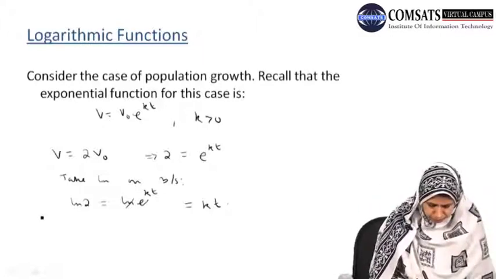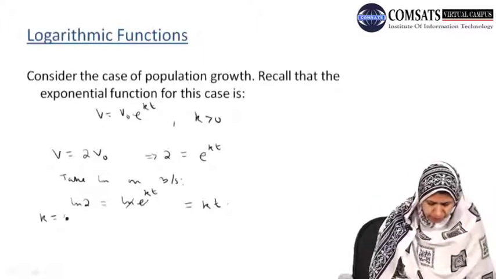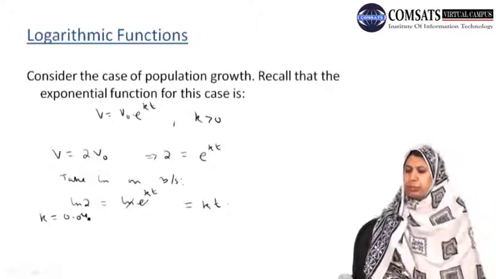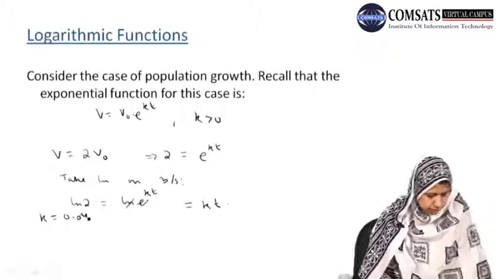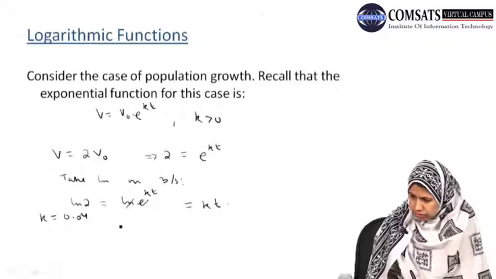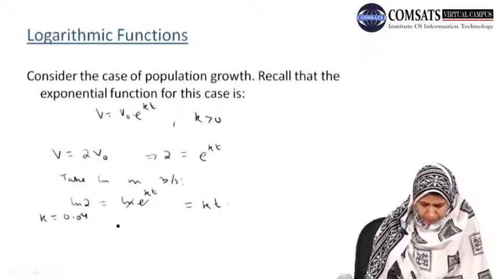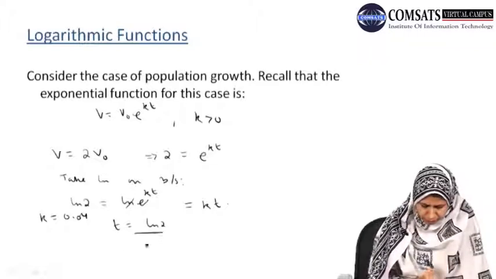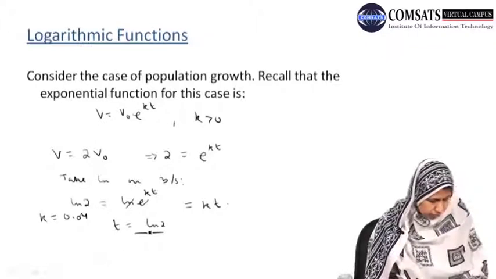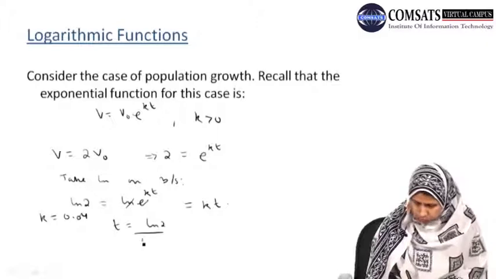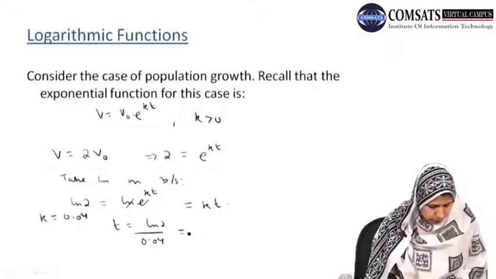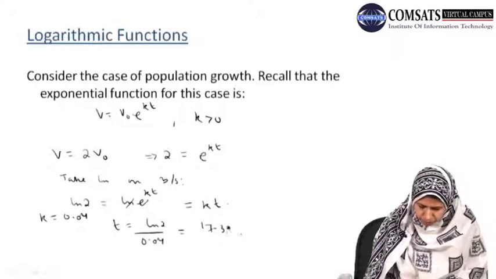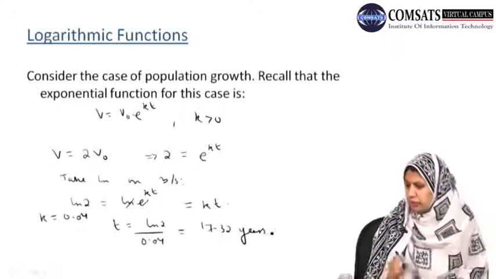Now if the growth rate is the same as 0.04, which is 4%, then the time t will be equal to natural log of 2 divided by 0.04, which is equal to 17.32 years.